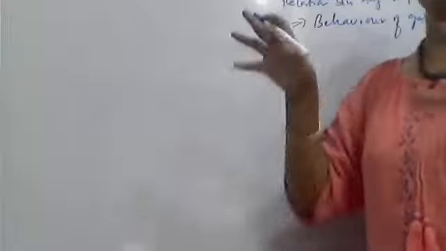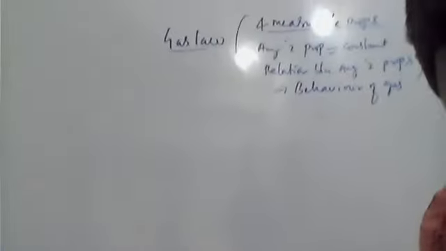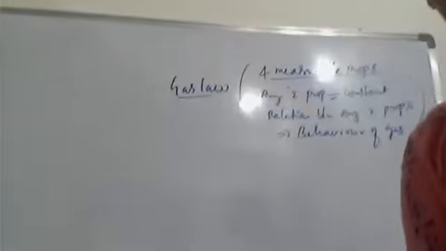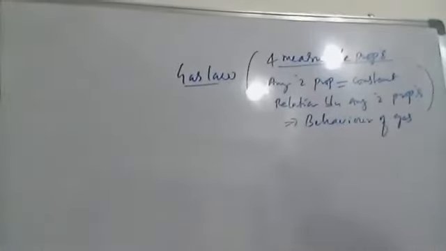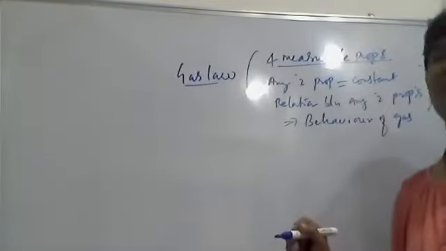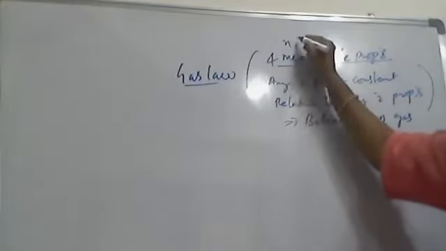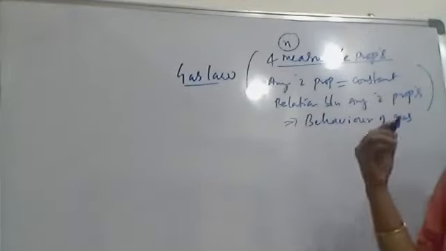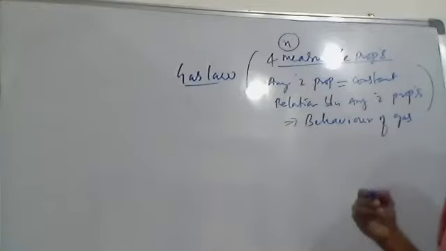To understand the nature of gas, certain laws are proposed which are called gas laws, and these gas laws are based on the four measurable properties. The four measurable properties are: mass of the gas, given in number of moles, or sometimes gram and kg based on calculation.